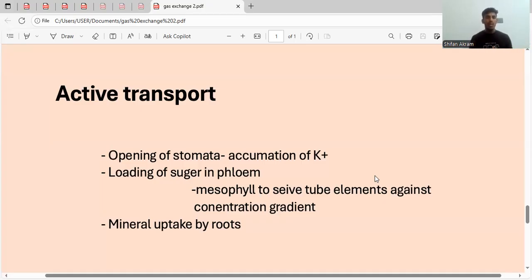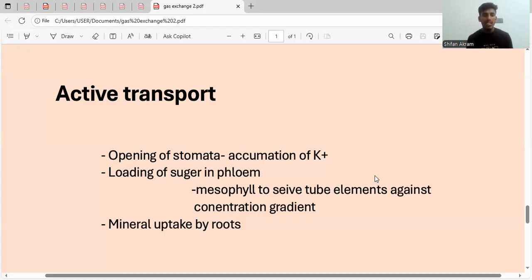The second place where active transport is involved is loading of sugar in phloem vessels. Sugar is produced in the mesophyll by photosynthesis, and this sugar travels into the companion cells by facilitated diffusion.